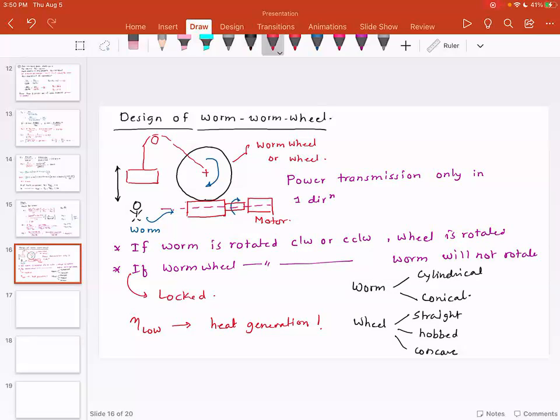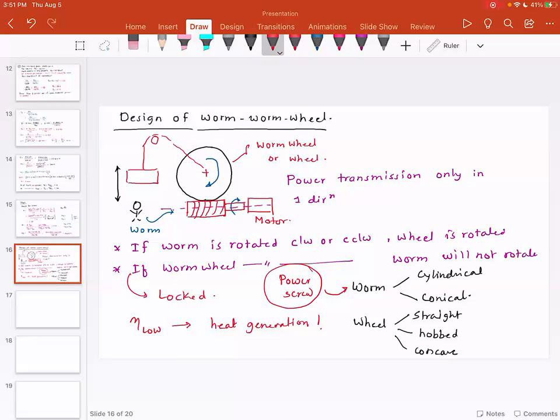And just think about the worm. A worm is similar to a power screw. You can think about it like you have a power screw and the helix runs across the power screw. So some of the design techniques that we will study are similar to the power screw design.